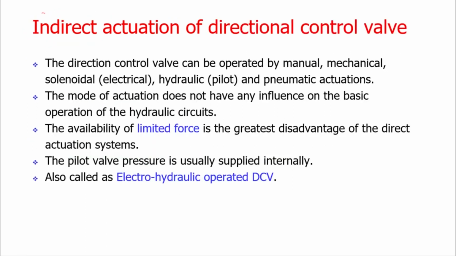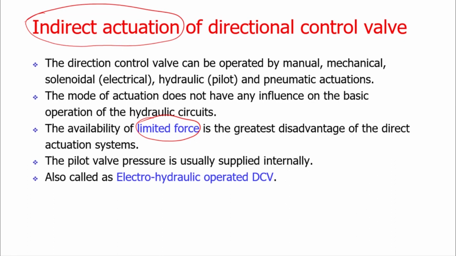Well, the next is the indirect actuation of the DCV. We have seen manual operation, mechanical operation, or hydraulic or pneumatic actuation, but all of them have a limited force capability. So if you consider a directional control valve for the distribution of water in very large pipes, let's consider we are using directional control valves in a hydropower project.